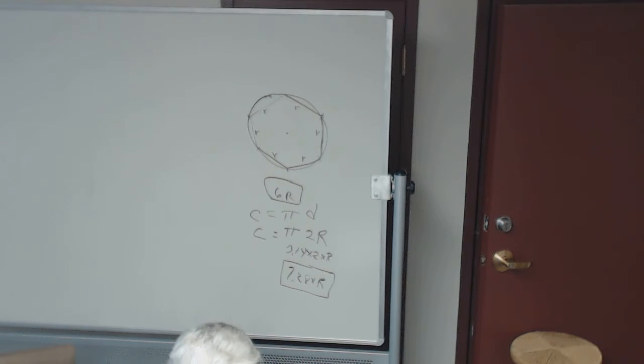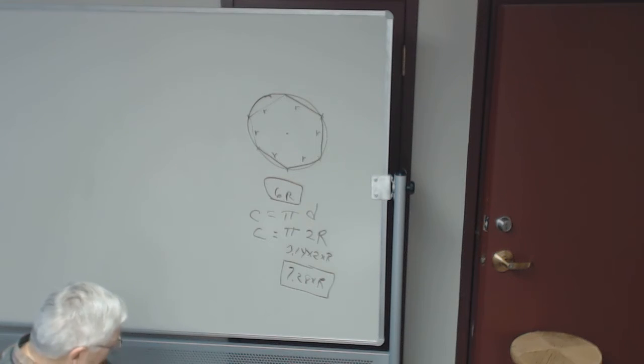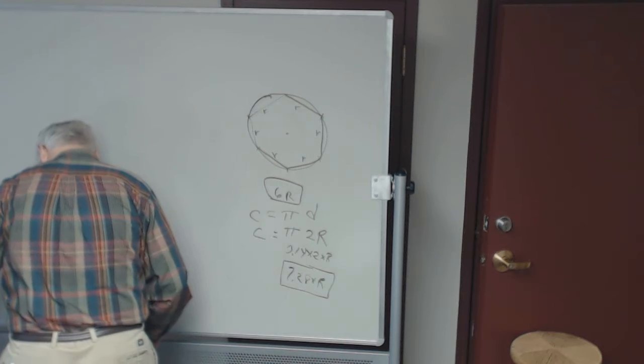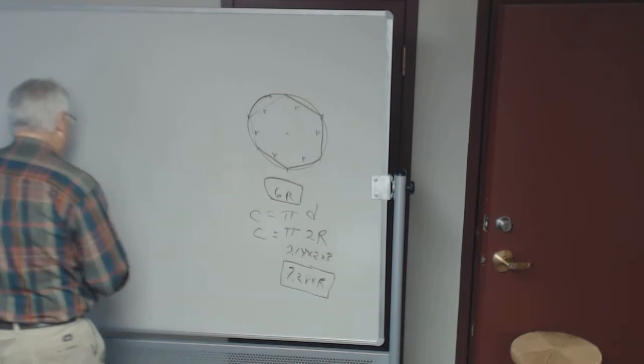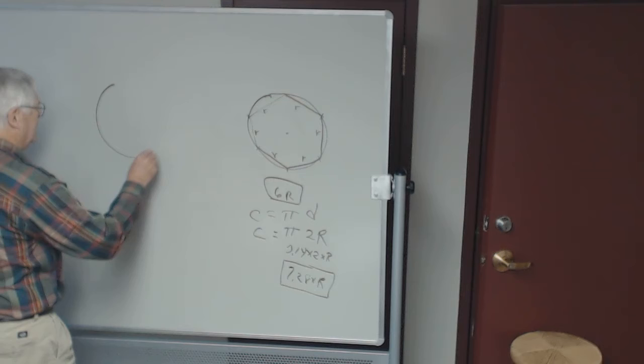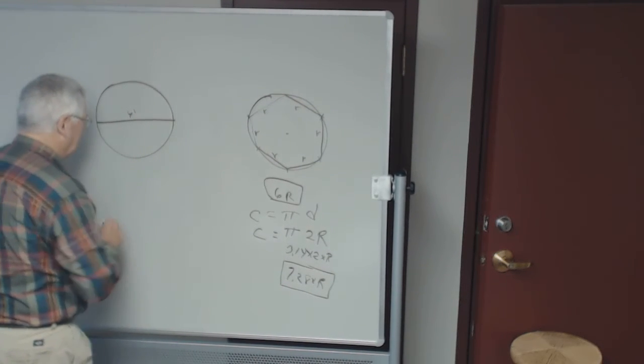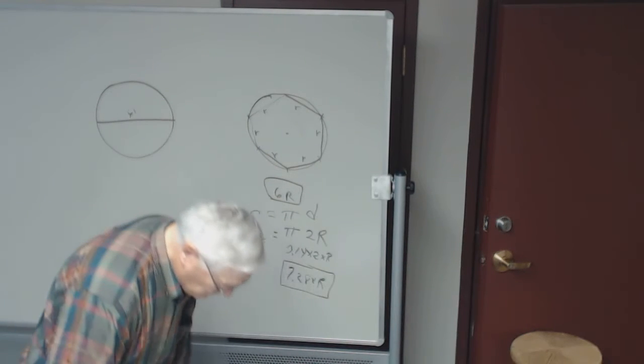In the following problems, give an exact answer and then calculate the required approximate answer using pi as 3.14. The diameter of a bicycle tire is 61 centimeters. What do we have here? A bicycle tire, and the diameter is 61.